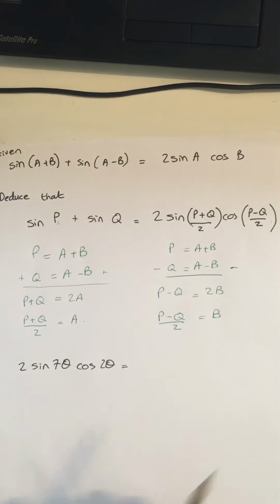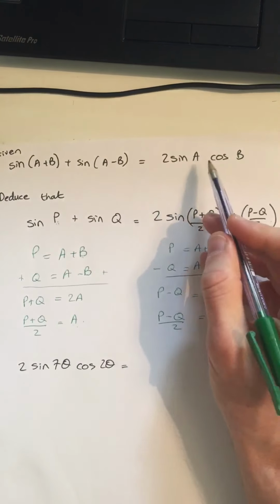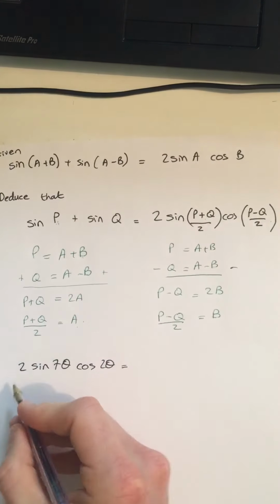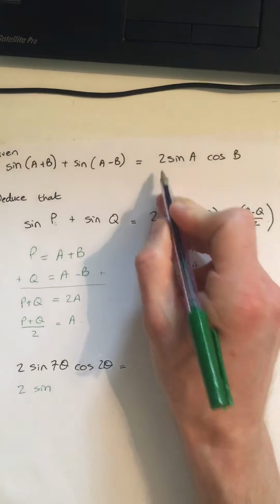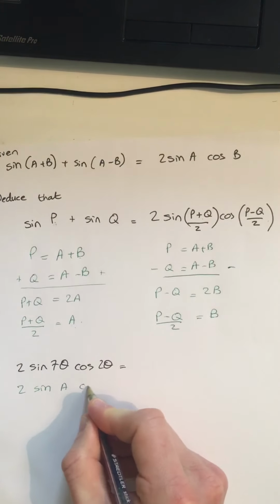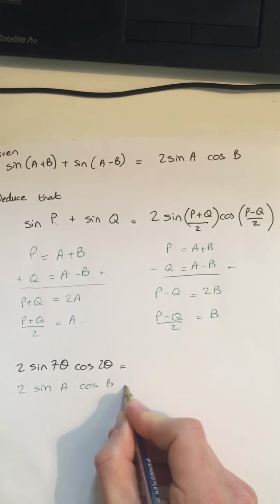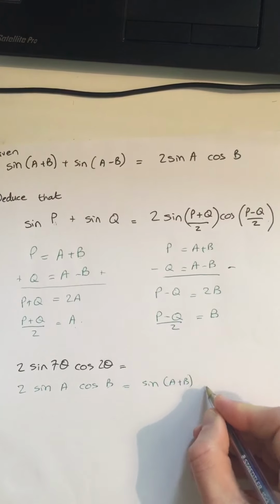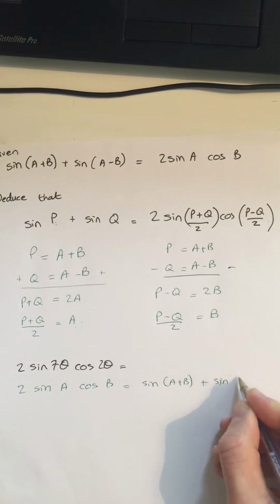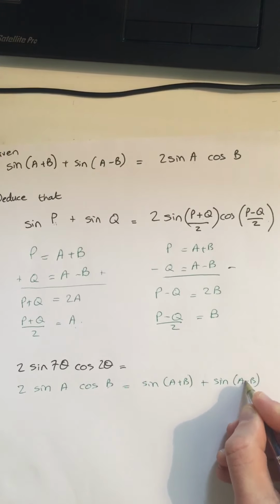So let's compare this to what we had in part A. So in part A, let me rewrite the right-hand side of part A, which was 2 sine A cos B is equal to sine A plus B plus sine A minus B. That was the result from part A.